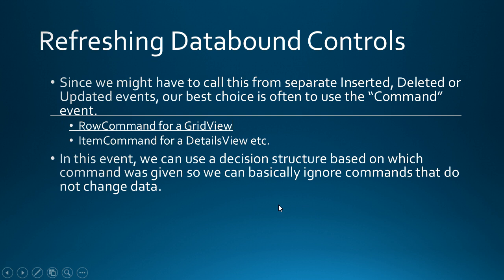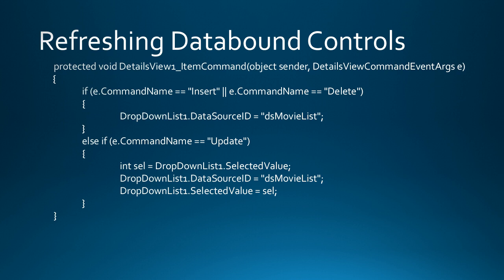In that event, we'll decide, okay? We can decide what to do depending on which command was just executed. Did we just insert, right? Then we have to do something different than if we just updated, for example, okay? Or vice versa. So we might end up with code that looks a bit like this. So we use the item command event of our details view. Notice it has this argument, a details view command event arg.